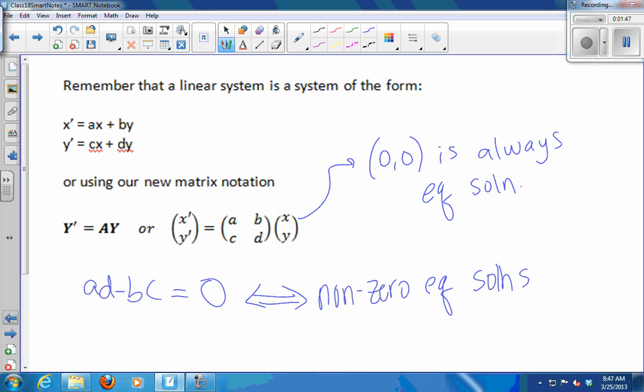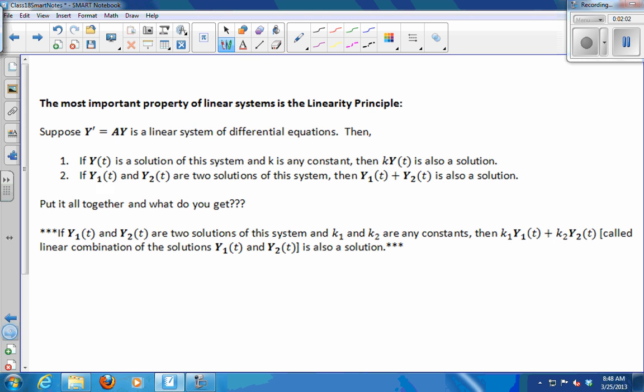Okay, so that was our big conclusion from last class. We spent some time talking about linear systems as models. And we learned this matrix notation. And that was really it from the first half of 3.1.